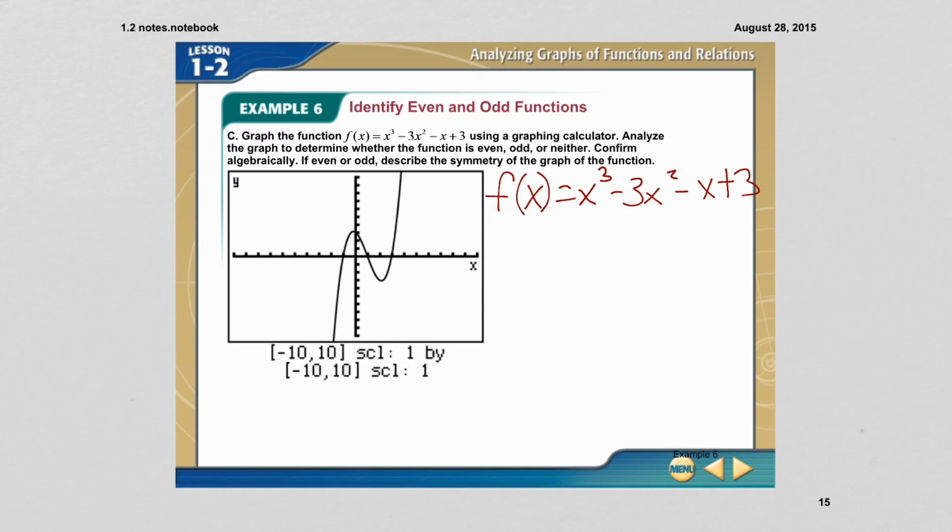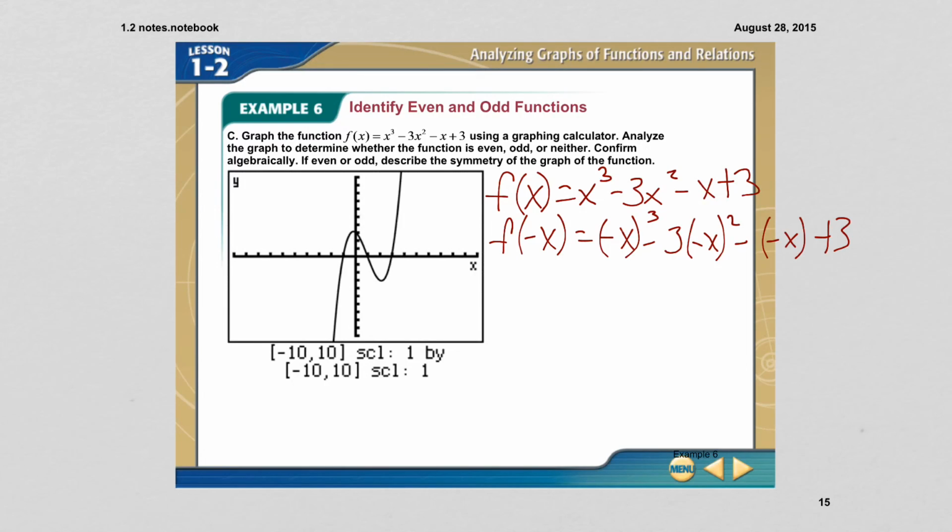Then I need to do f of negative x. And that gives me negative x cubed minus 3 times negative x squared minus a negative x plus 3.